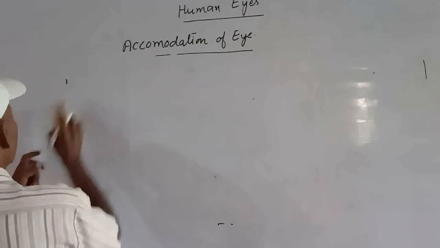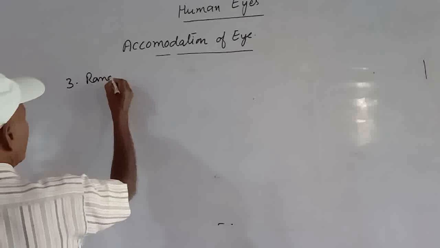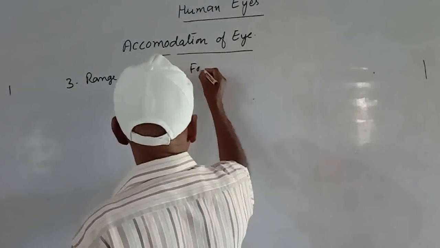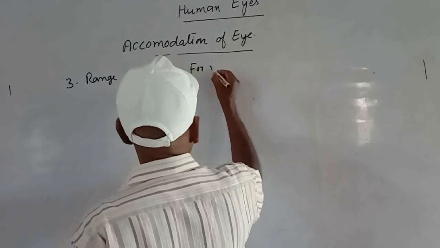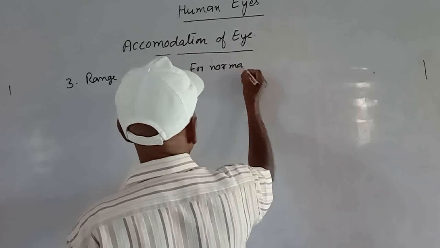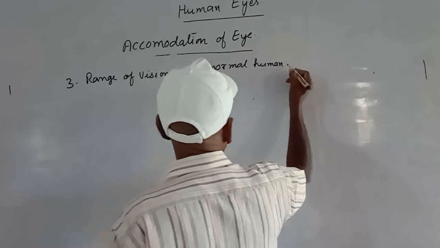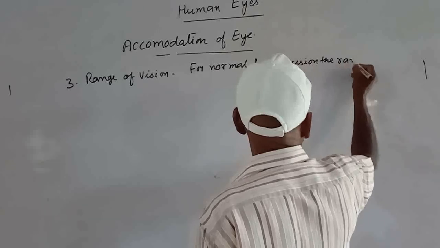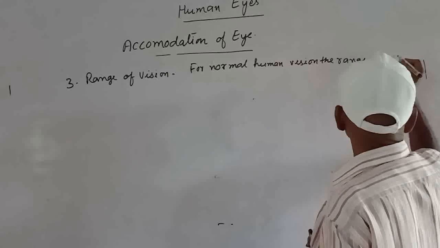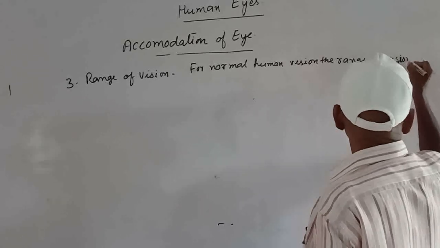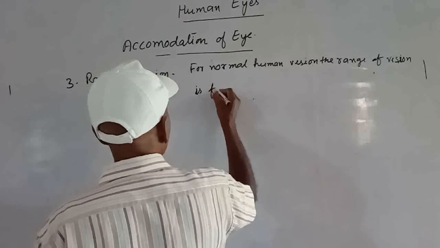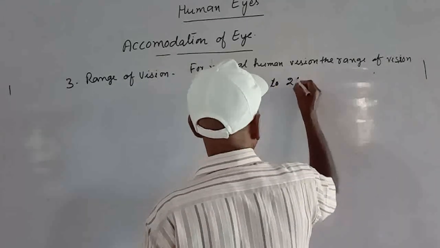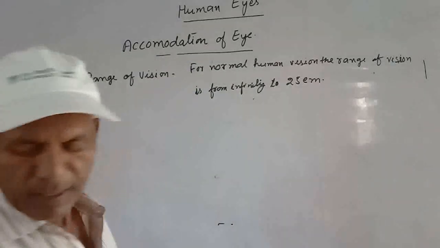For normal human vision, the range of vision is from infinity to 25 centimeter. This is called the range of vision.